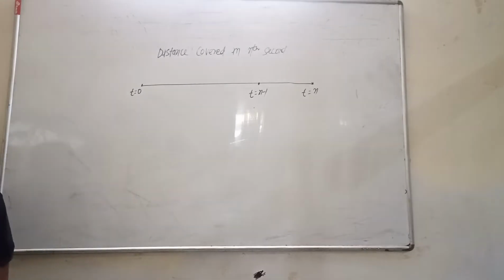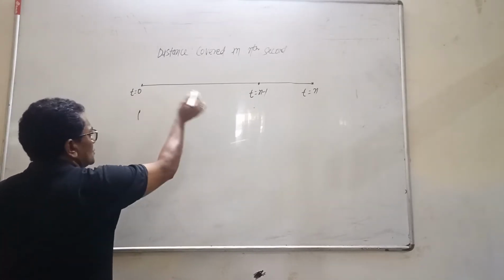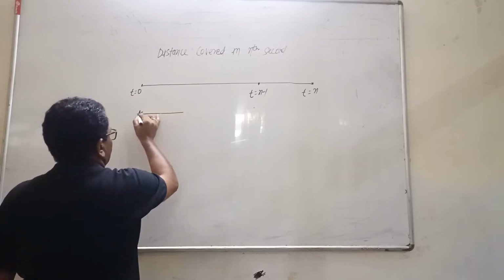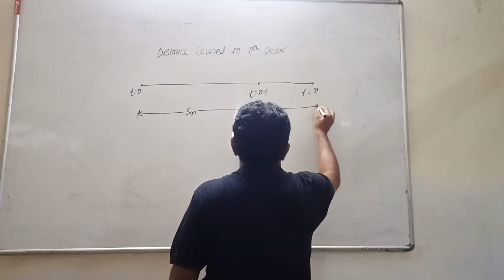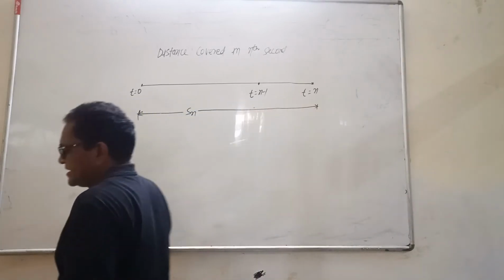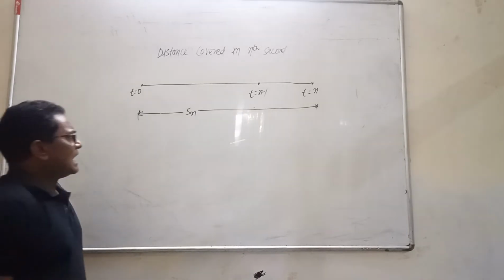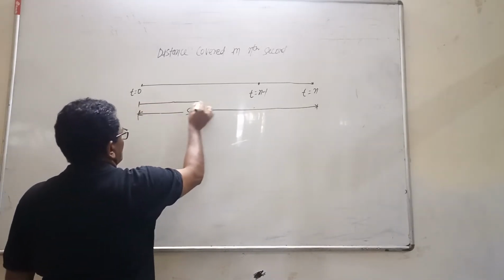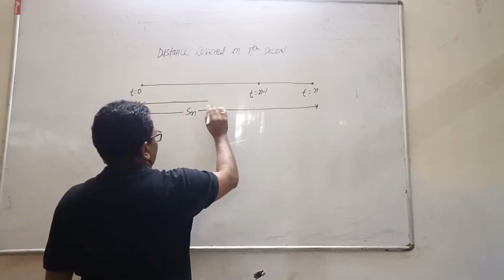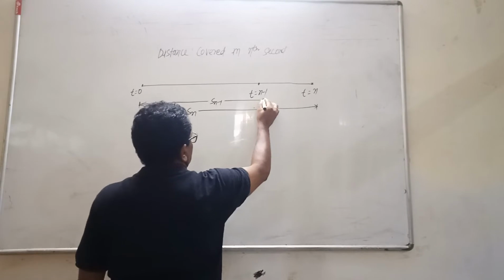So the distance covered from 0 to n seconds is represented by Sn, and the distance travelled from 0 to n minus 1 second is given by S of n minus 1.